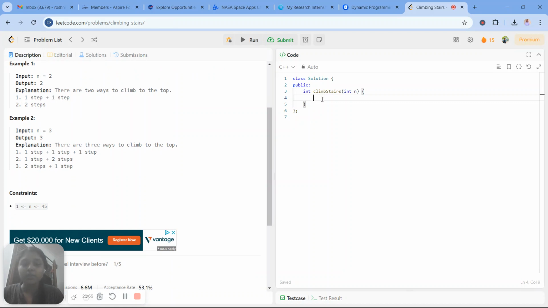First of all we will create a dynamic DP array, where dp[i] is the number of ways to climb to the ith stair.